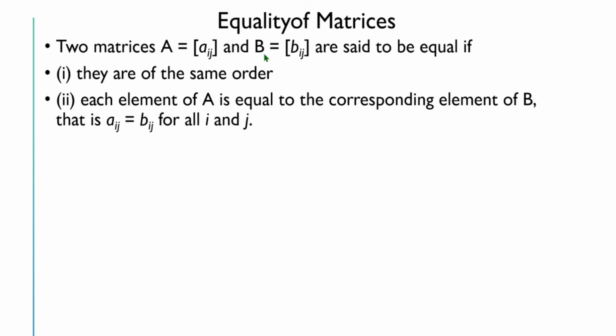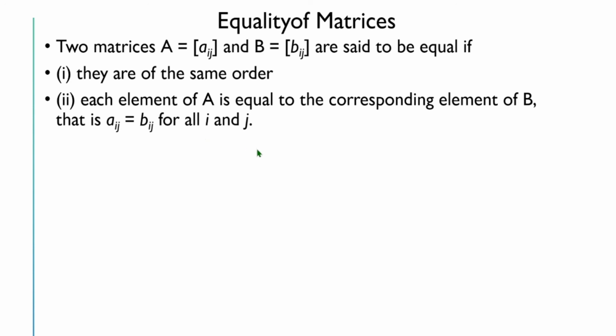Next one, equality of matrices. Two matrices A equal to Aij and B equal to Bij are said to be equal if they are of the same order and each element of A is equal to the corresponding element of B. That is Aij equal to Bij for all i and j.